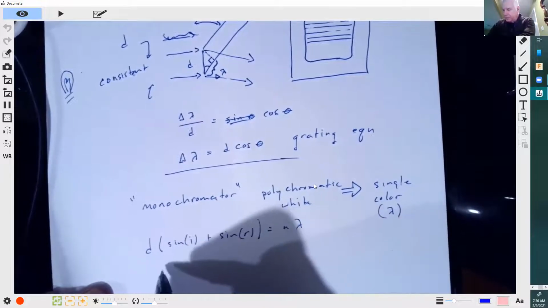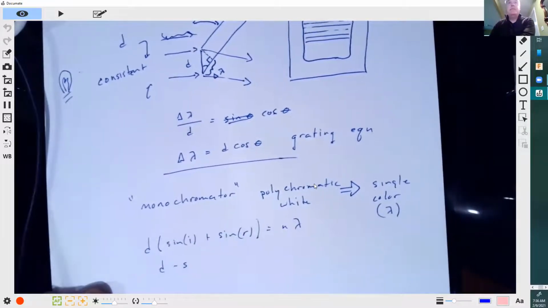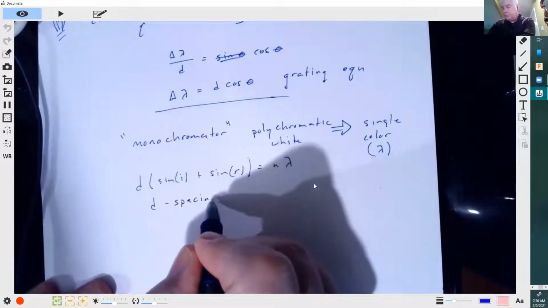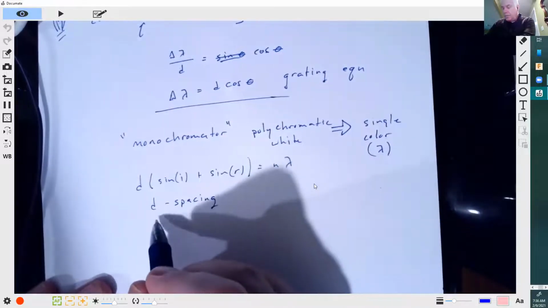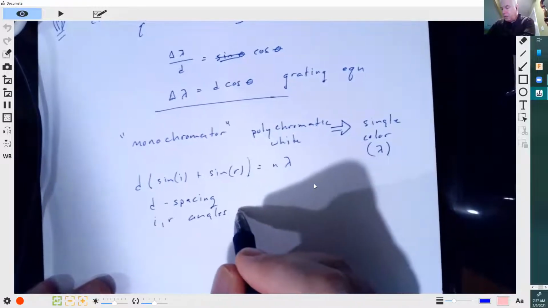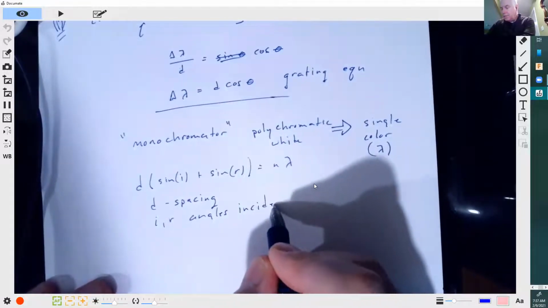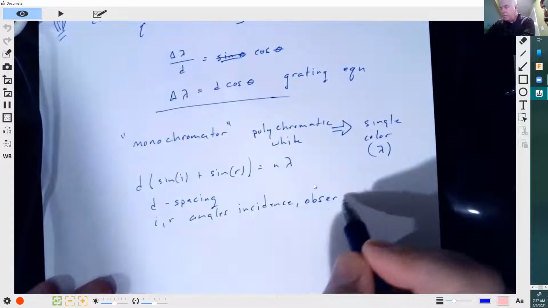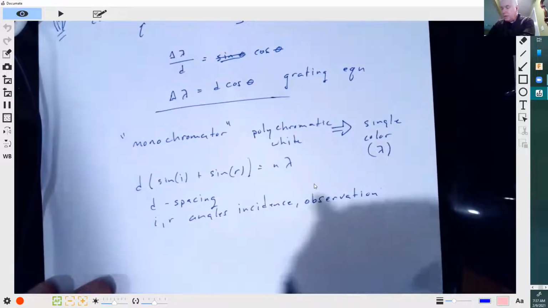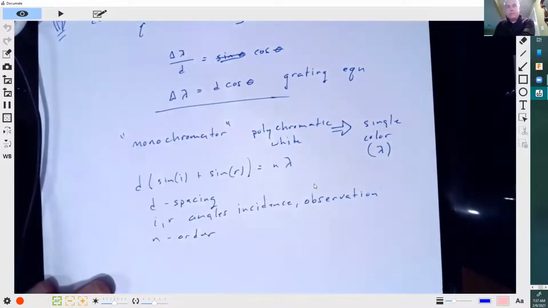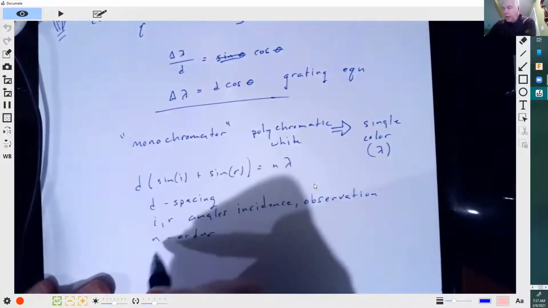D is the spacing. I and R are the angles of incidence and observation. N is the order, and lambda is the wavelength.